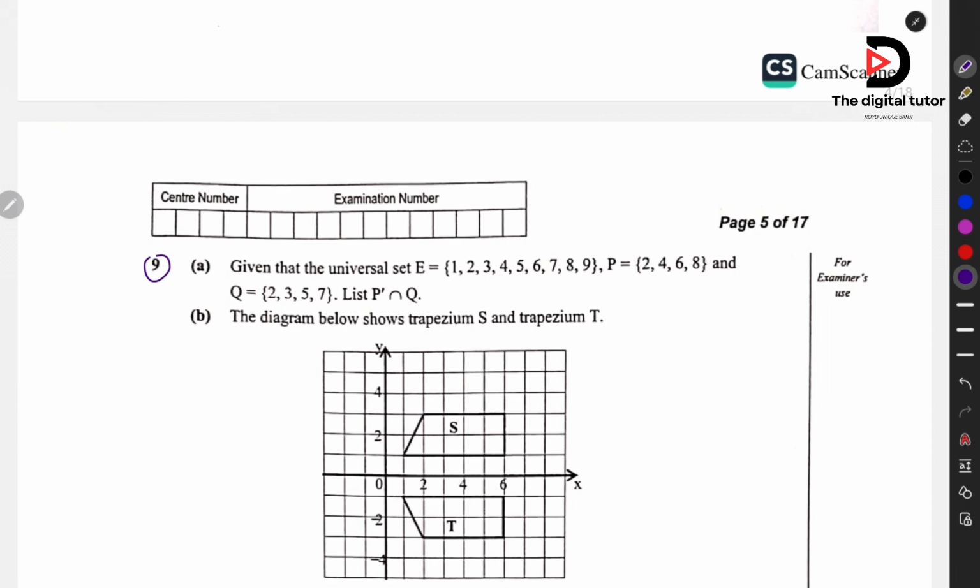So what is the strategy? The strategy, you should first find P complement. So to find P complement, you are just going to look at the numbers that are not found or that are outside P from the universal set.